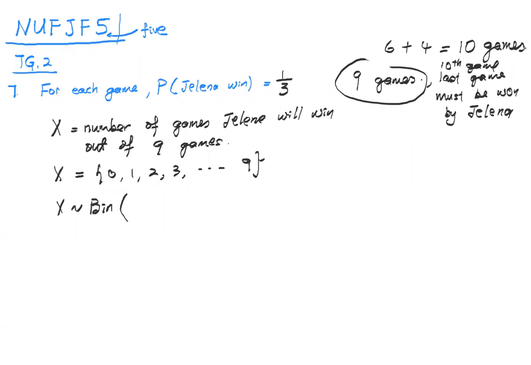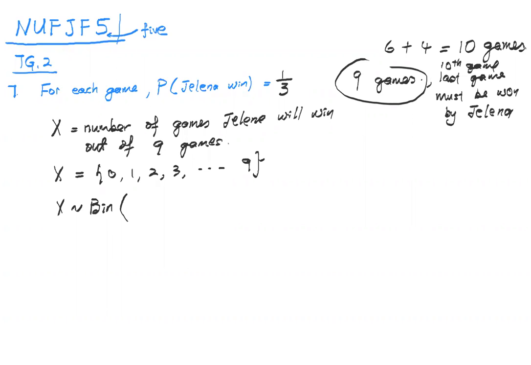And there is a fixed number of trials, that is 9 games. And the probability of Jelena win a game is independent of the other games, and the probability is 1/3.